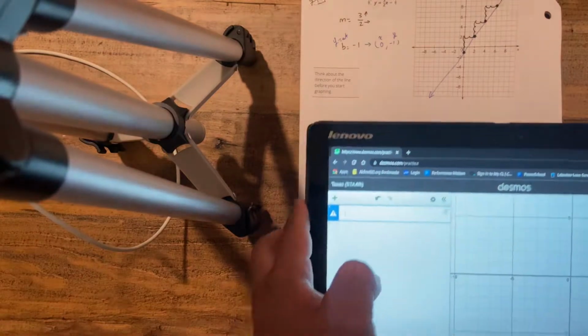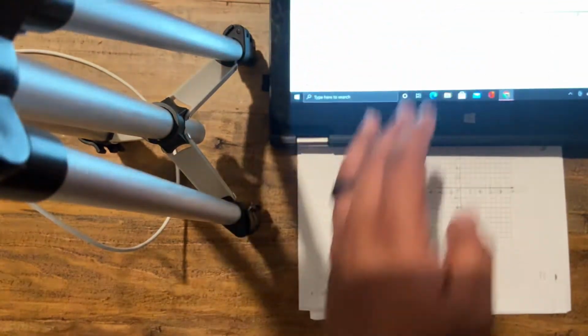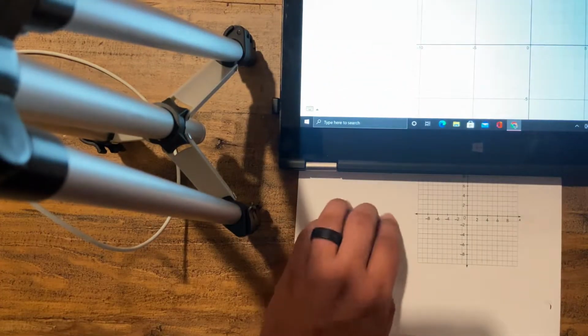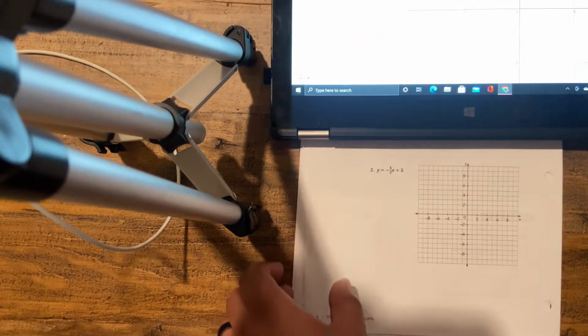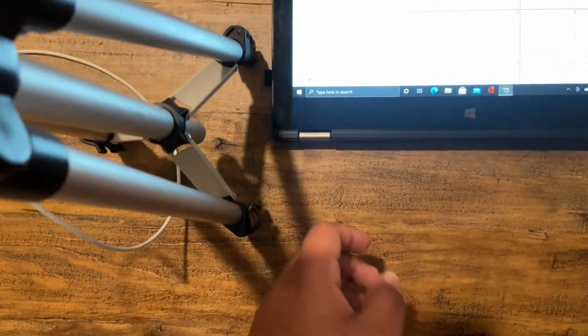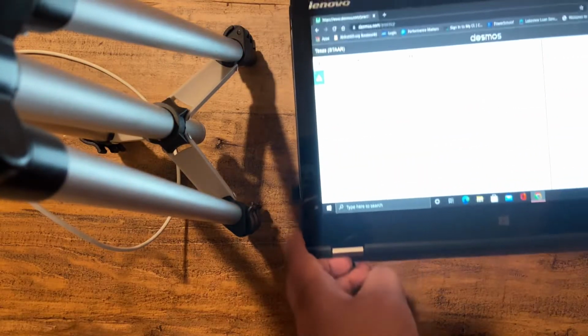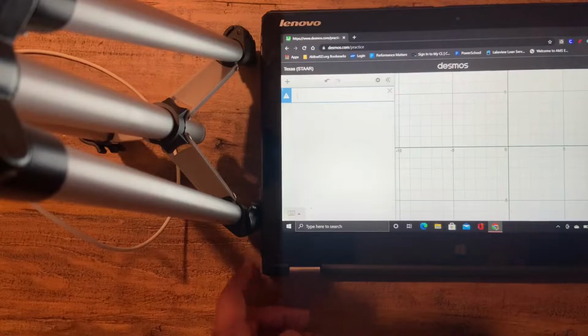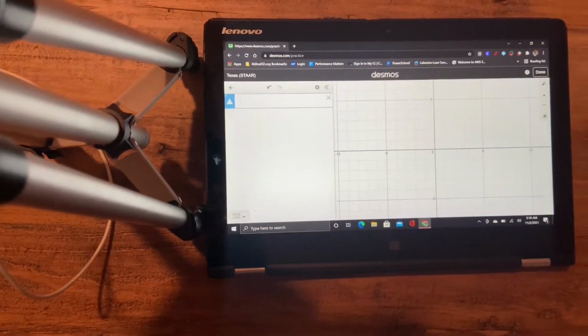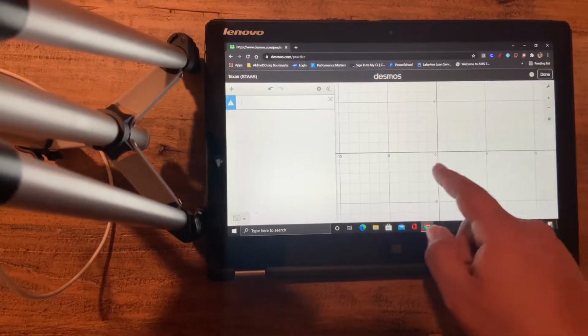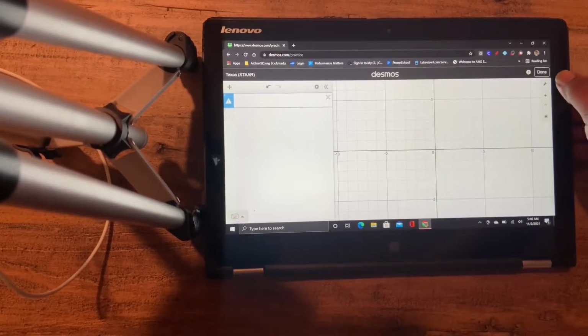Next, we will be using this equation in this Desmos calculator. First things first, I want to make sure I can see all the numbers. I'm going to click the little toolbar.